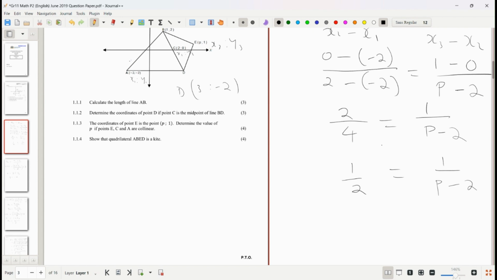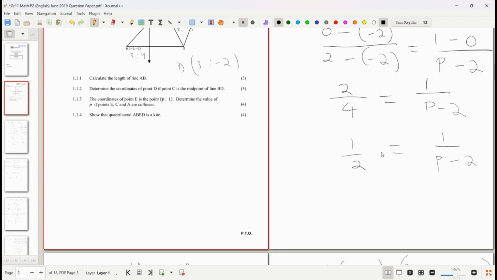Okay, so in this case, we can cross multiply, right? Or we just invert it, right? So it's up to you what you do, you'll get the same answer. Let's cross multiply. Okay, p minus 2 times 1, we'll have p minus 2. How do we cross multiply for those who don't know? The bottom one here, you multiply it with the top one here.